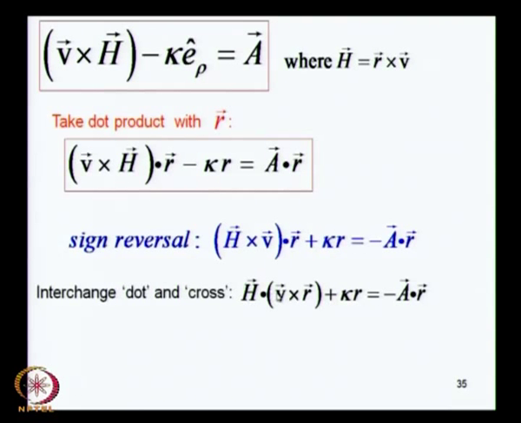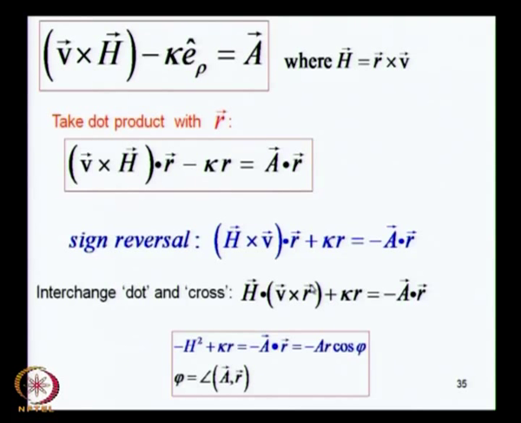So it is h dot v cross r plus kappa r, but we have met this quantity earlier, v cross r. It is the negative of the specific angular momentum, right. r cross v is the specific angular momentum, v cross r is the negative of the specific angular momentum.